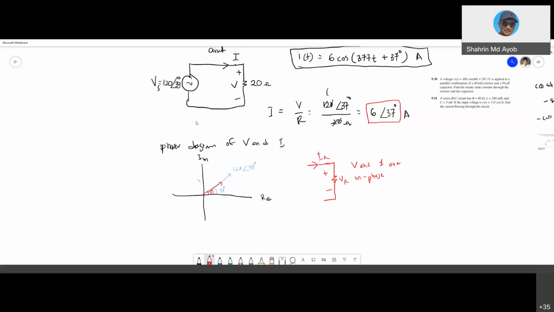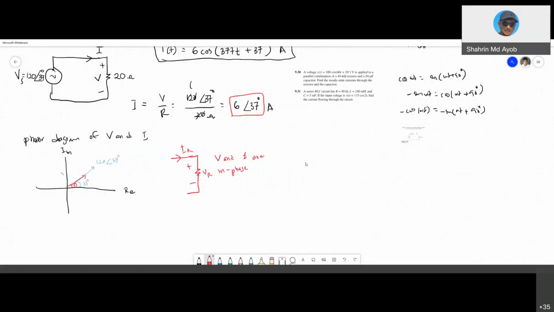Okay, but when your load is a capacitor load, where this one is your voltage and this one is your current, so VC, and then this is IC. So please bear in mind that for this kind of load, the current is leading the voltage by 90 degrees.